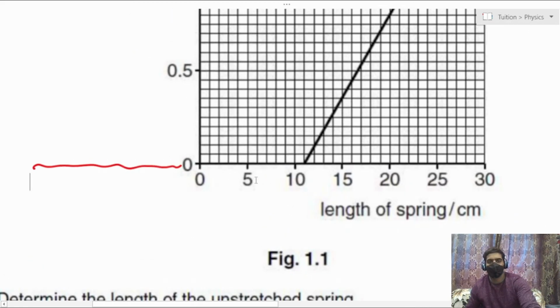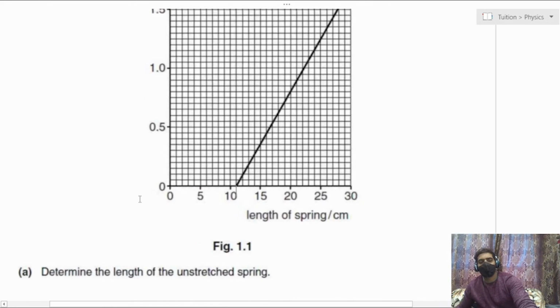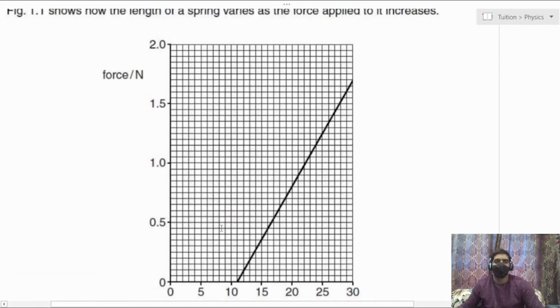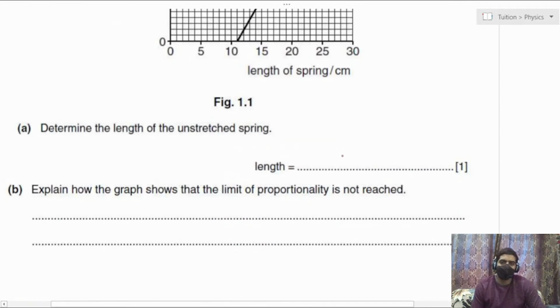I zoom it in, and you'll be able to say that the extension of the spring over here is 11 centimeter, because this one represents 11, then 12, then 13, then 14, and then 15. So 11 centimeter is the original length of the spring, because at that point there was no force added on the spring. So the length was 11 centimeter.